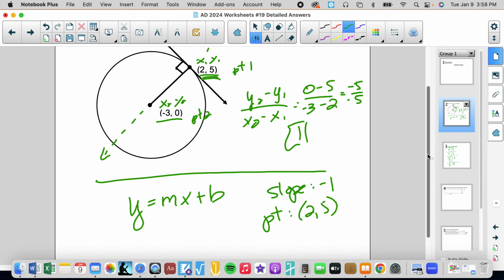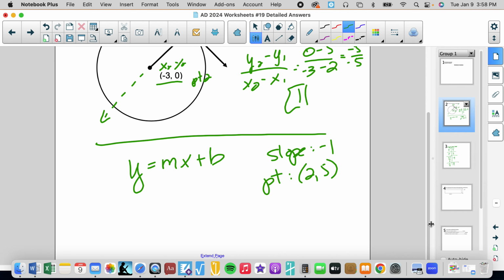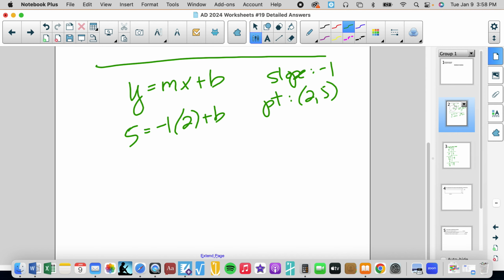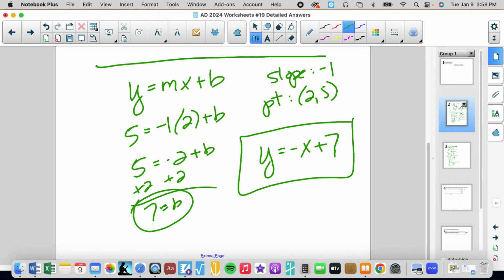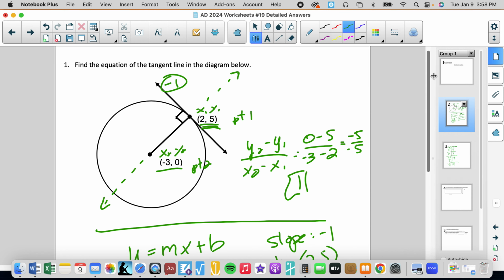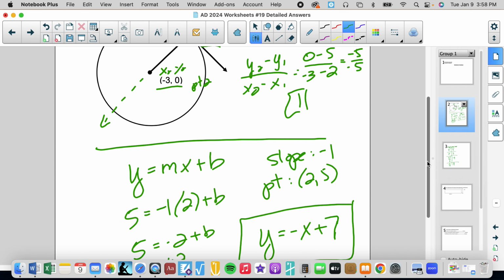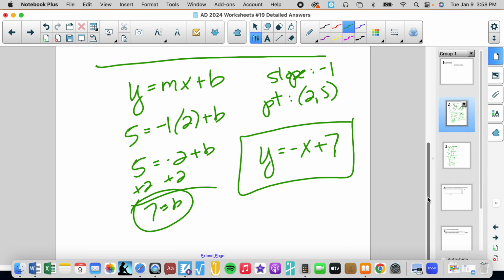So we can plug those in. Y is 5, m is negative 1, x is 2, and b we're looking for. So we get 5 equals negative 2 plus b. We're going to add 2, and we get 7 equals b, and now we can write in slope-intercept form the equation for the line containing that point. Find the equation of the tangent line in the diagram. That line would be y equals negative x plus 7.